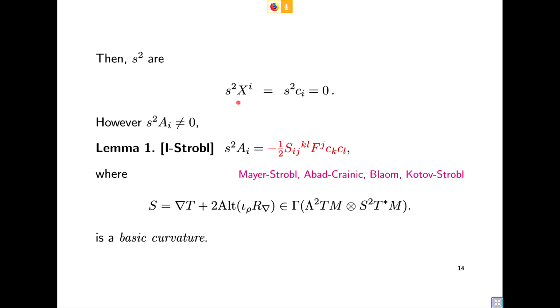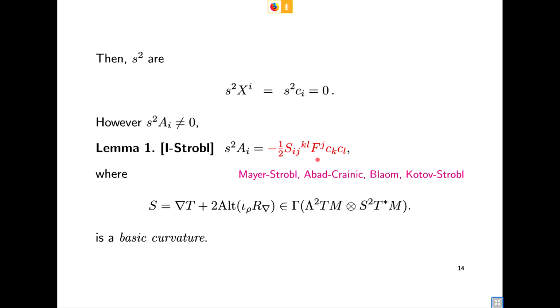We obtain that S square on Xi and Ci is equal to 0, but on AI, S square is not 0. So our first result is this one, not equal to 0, but this.